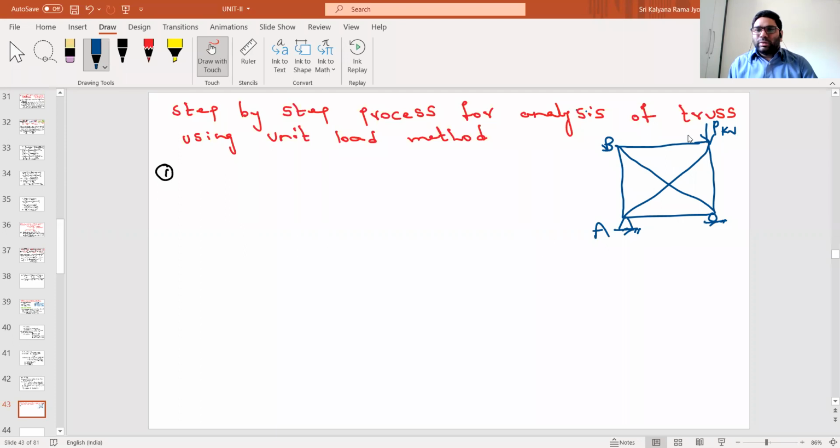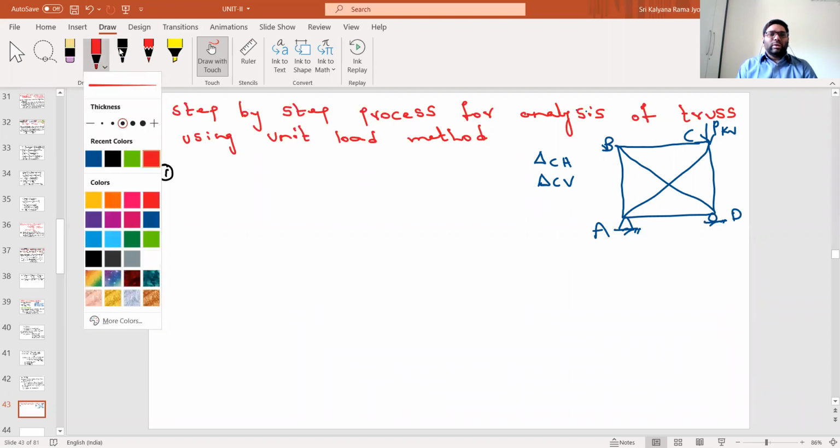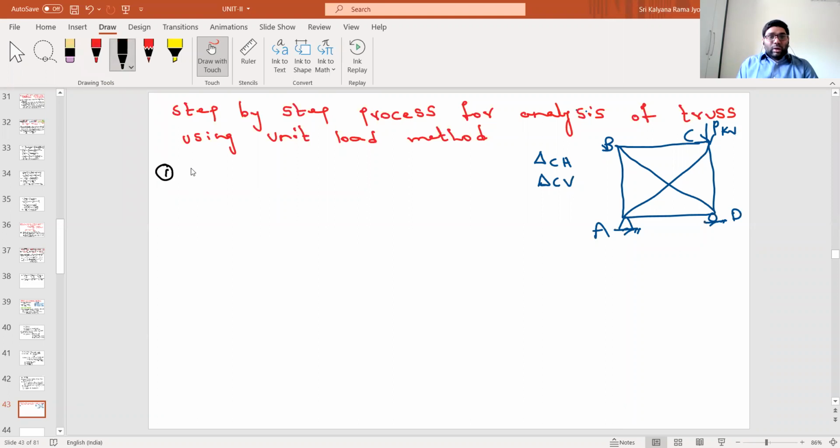So A, B, C, D. If we want to calculate delta CH and delta CV, we have to calculate deflection at C horizontally and deflection at C vertically. Now let us see step by step what we need to do.